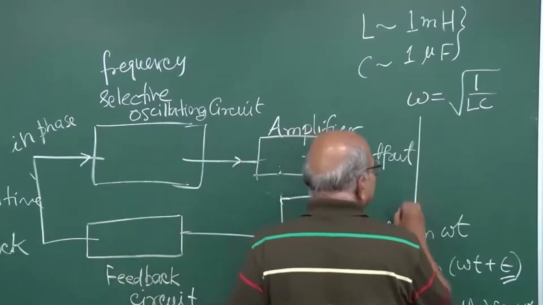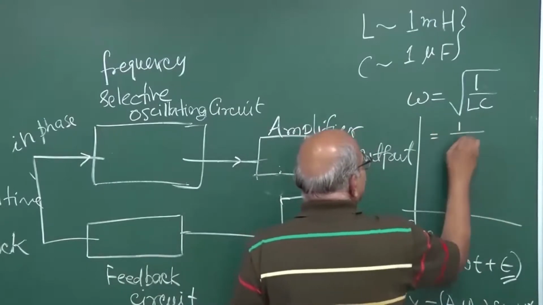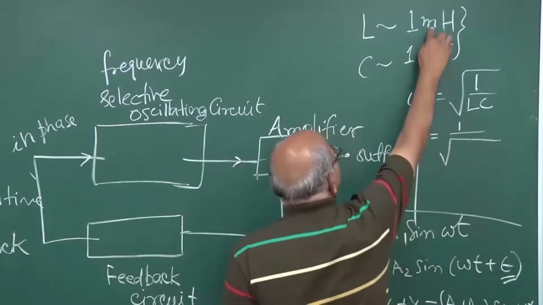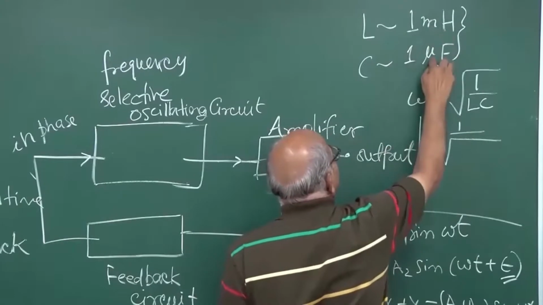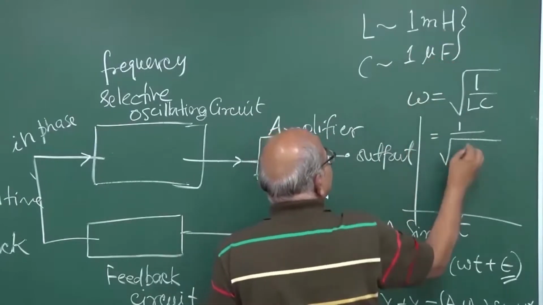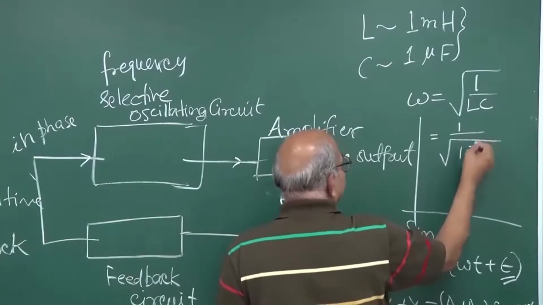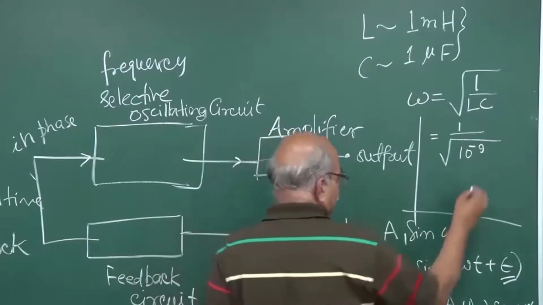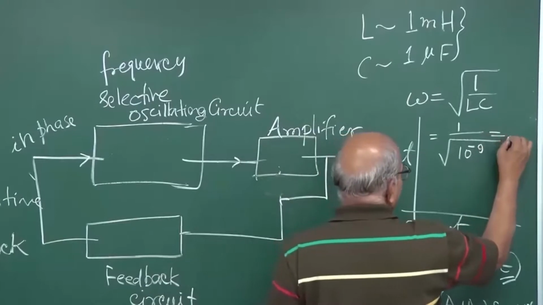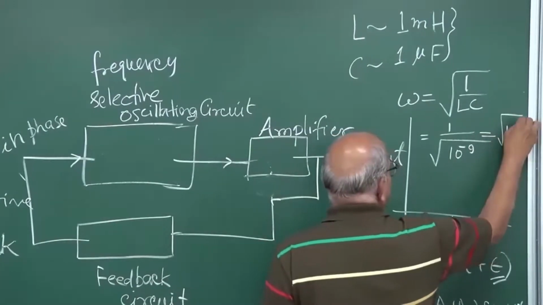This will be the square root of 10 to the power minus 3 here and minus 6 here. So if you multiply, it is 10 to the power minus 9, or it is the square root of 10 to the power 9.